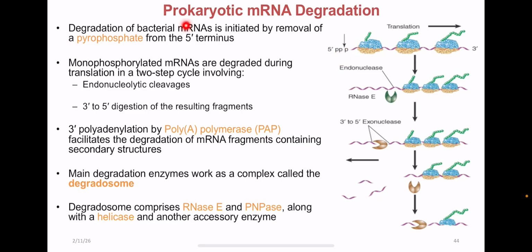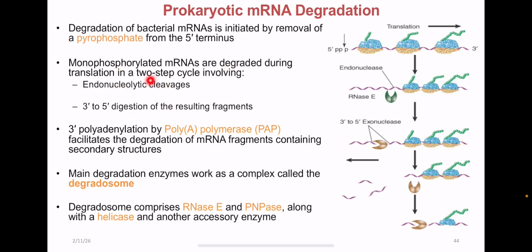So we remove 2 phosphates. Inorganic diphosphate is called a pyrophosphate. So we remove 2 of the phosphates, making the molecule a monophosphorylated molecule, and this monophosphorylated molecule will be the substrate for degradation.